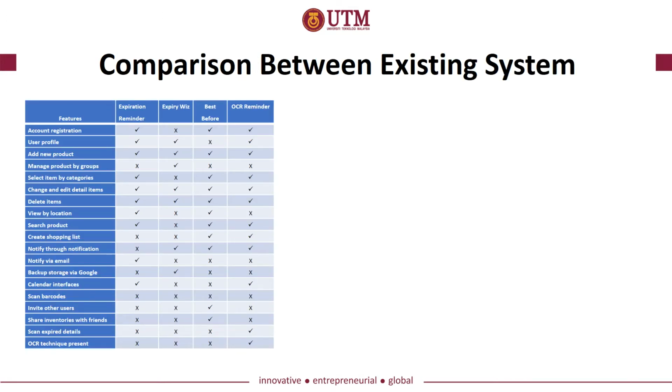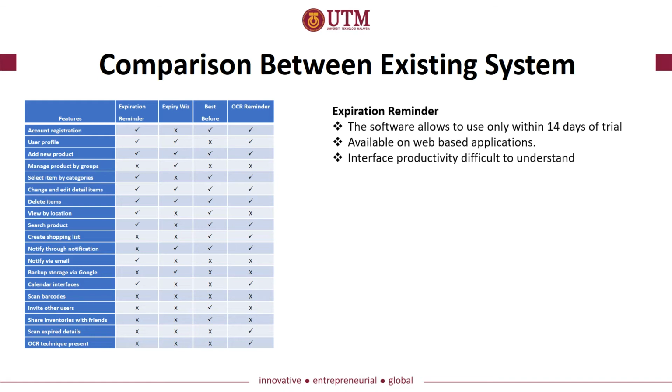And I identify the comparison between the existing systems available on the recent digital market. Here we have Expiration Reminder, where the software allows use only within a 14-day trial. So there is a minimum of features that does not allow users to use it for a long time.